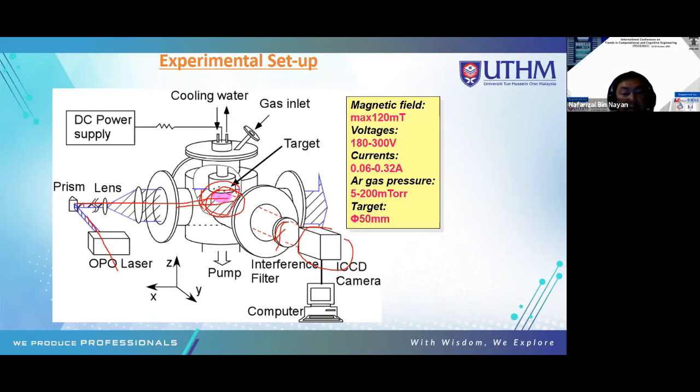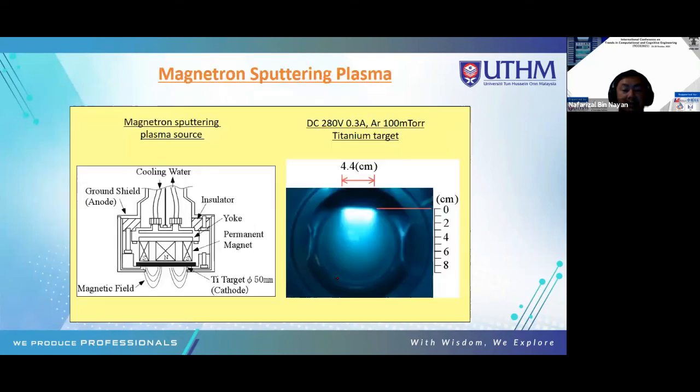So we want to capture the signal that we want with the ICCD camera. This is the configuration of the sputter target. I will discuss the sputtering plasma in more detail later, but this is just an overview. You have the plasma here.